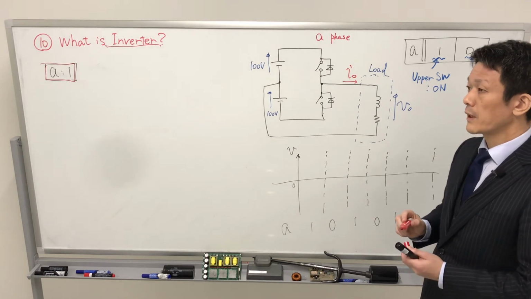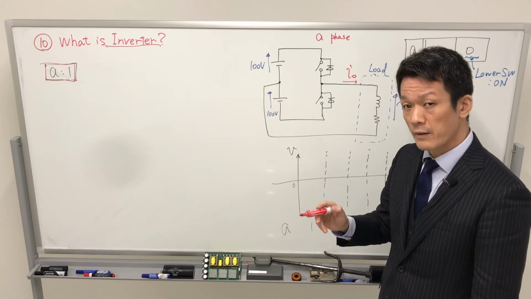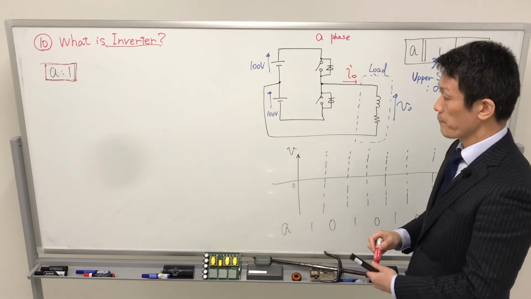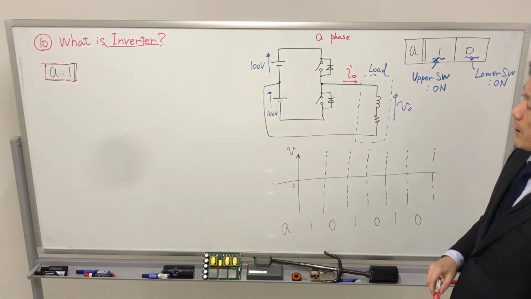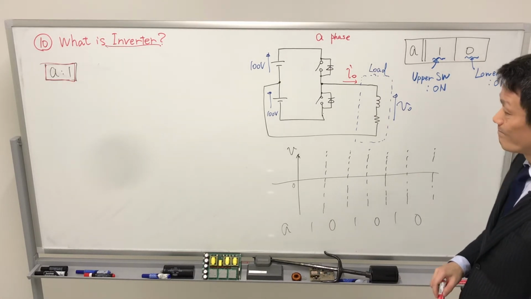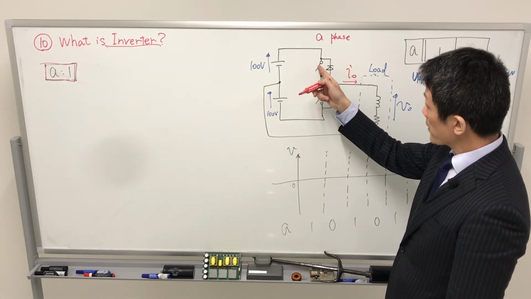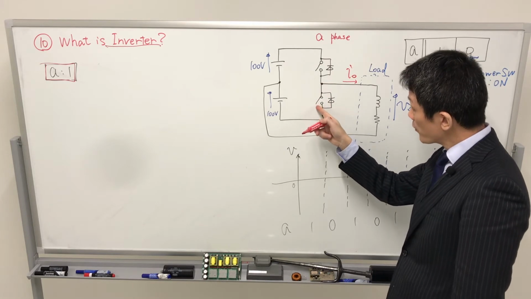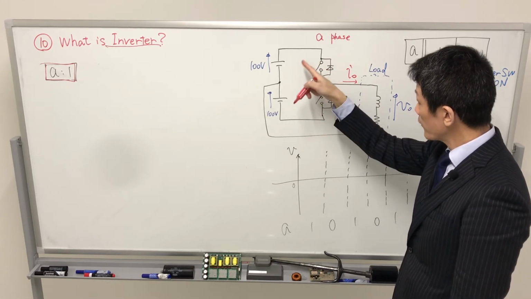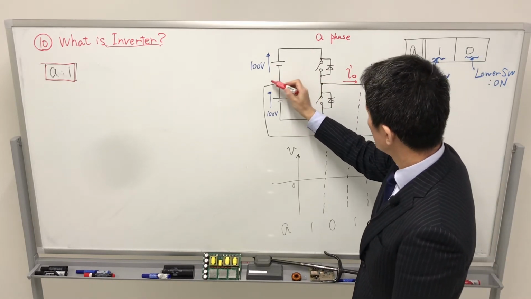For circuit analysis, the current loop is very important. I have already mentioned it in another lecture. Remember? With the upper switch on and the lower switch off, current flows through like this, not like this, only to the load.